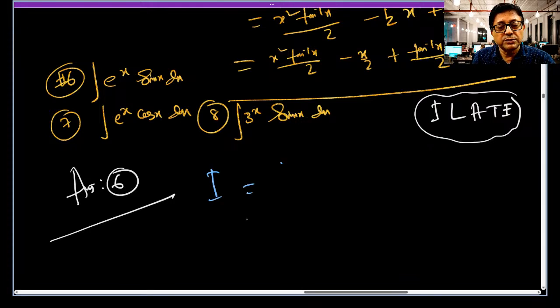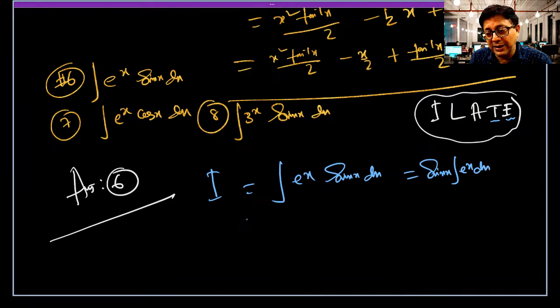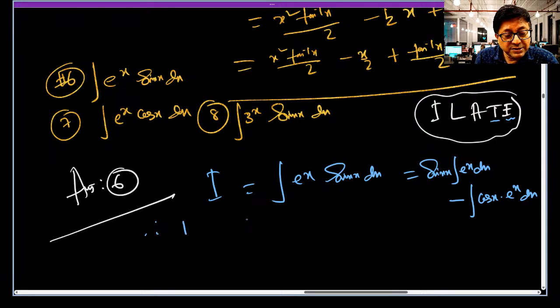I equal to, so trigonometric first, exponential second. Sin x e to the power x dx minus derivative of sin x is cos x, integration of e to the power x is e to the power x, like this.